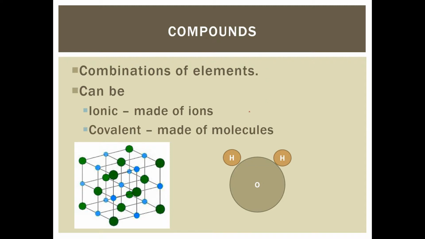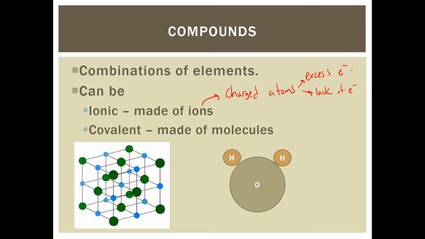Now, what differentiates them is that an ion, these are charged atoms. So what this means is that they have either an excess of electrons, or they have a lack of electrons.